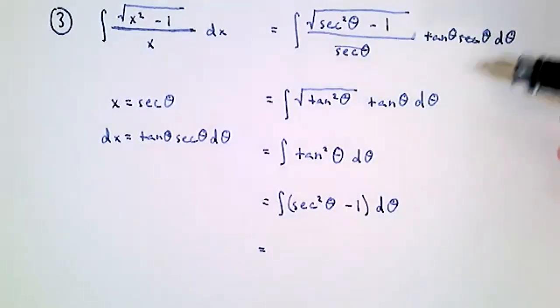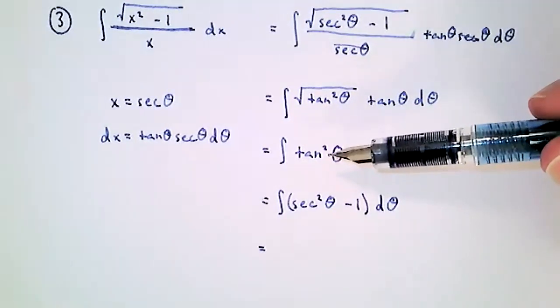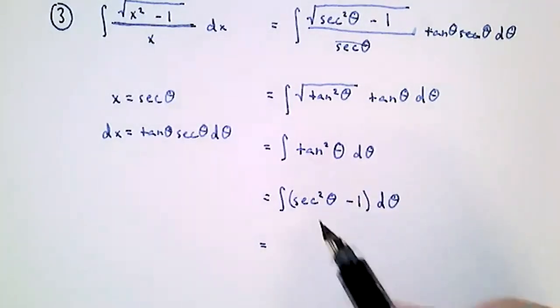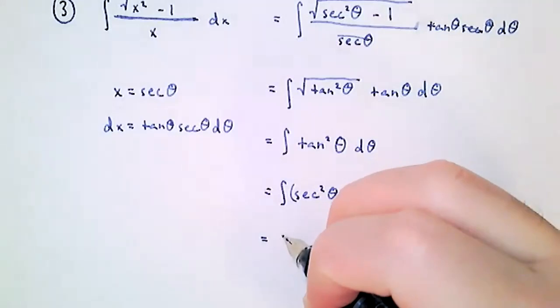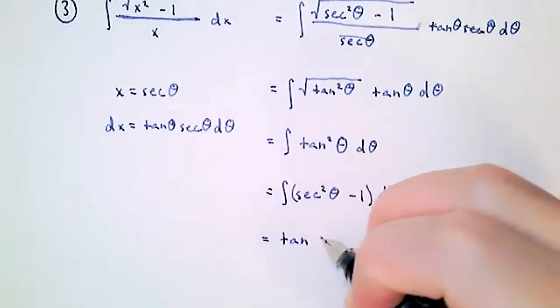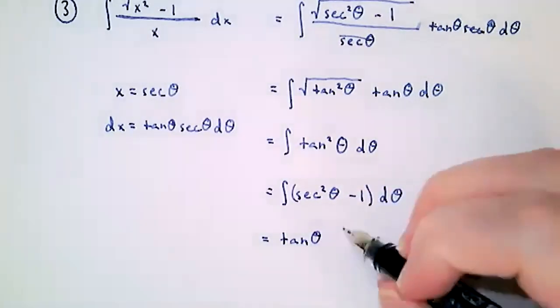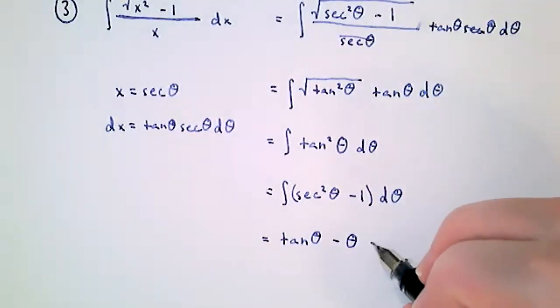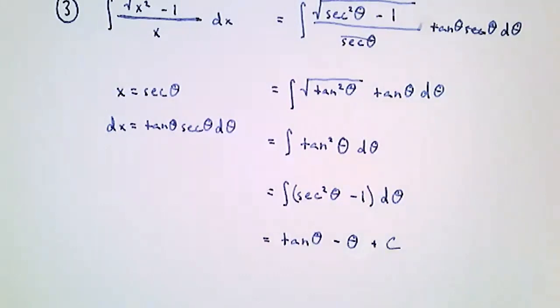The reason we do this is we don't have an integral for tangent squared, but we do know one for secant squared. That's just tangent. And then minus 1, we'll get a minus theta, and then plus c to finish off.